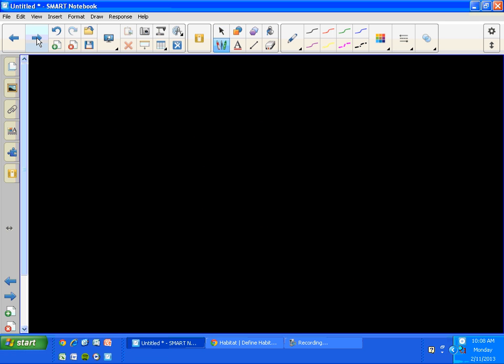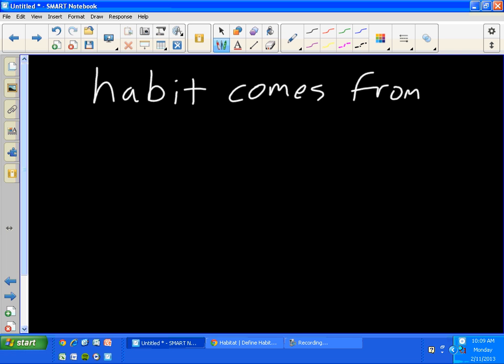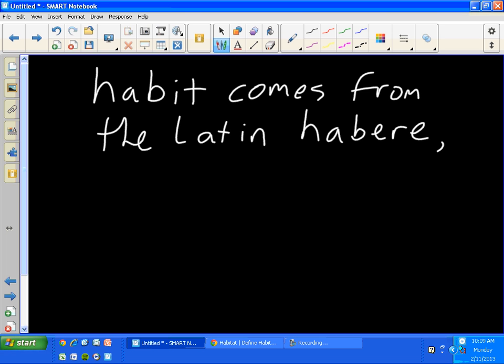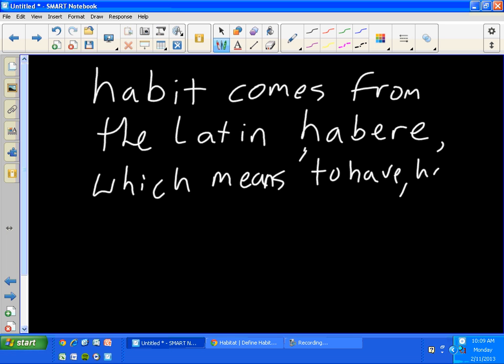So I would assume that you have a root like hab, from habit, that comes from the Latin habere, which means to have or hold.